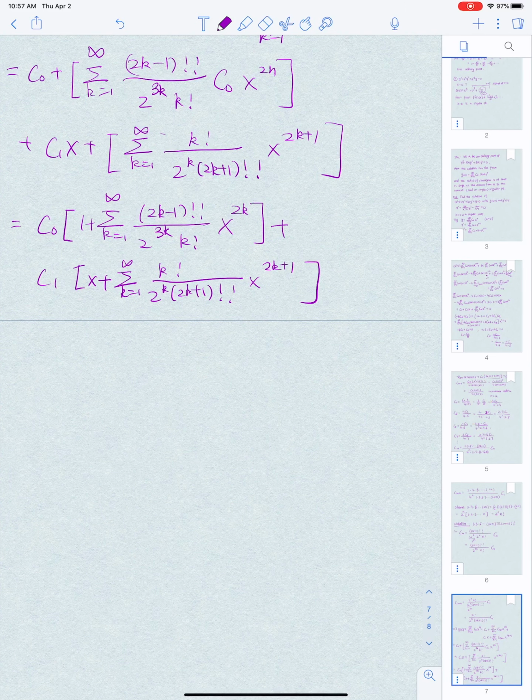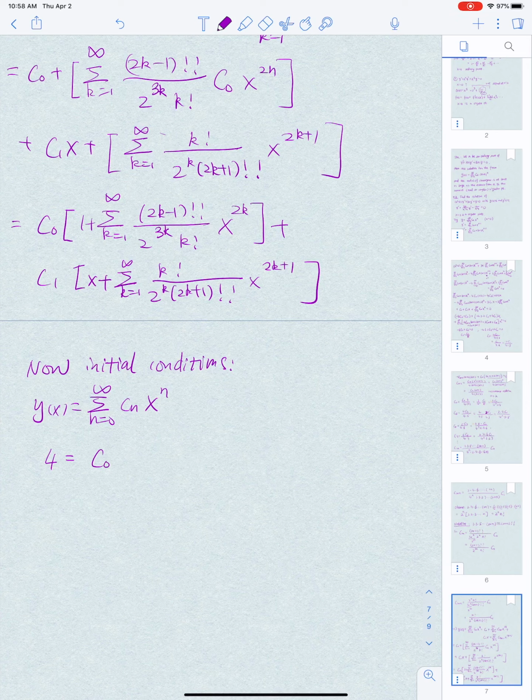All right, now we're going to satisfy the initial conditions. So to satisfy the initial conditions, we're going to use the original form without knowing explicitly what the Cn's are. So we're going to use this. When x equals 0, y equals 4.